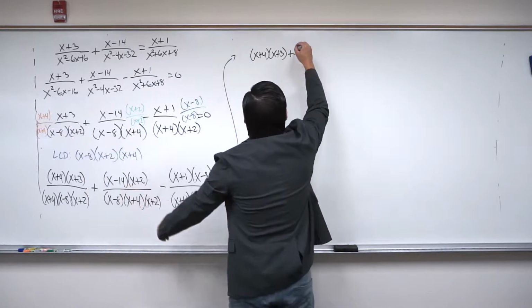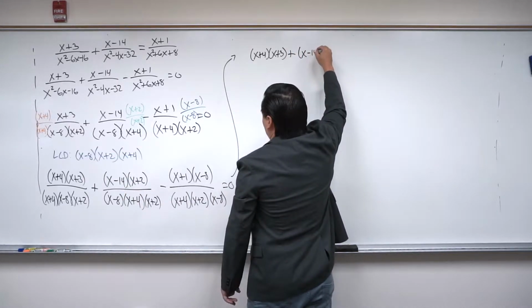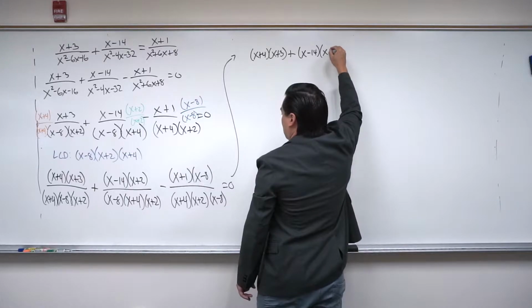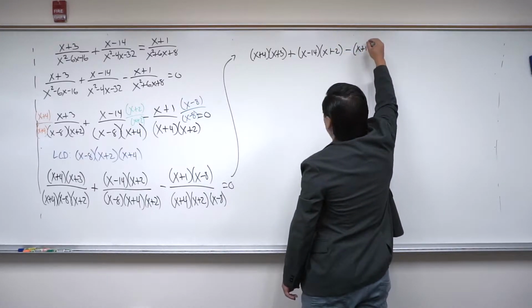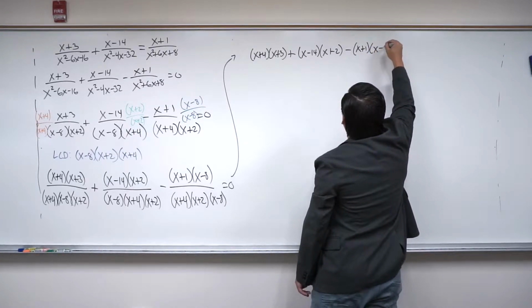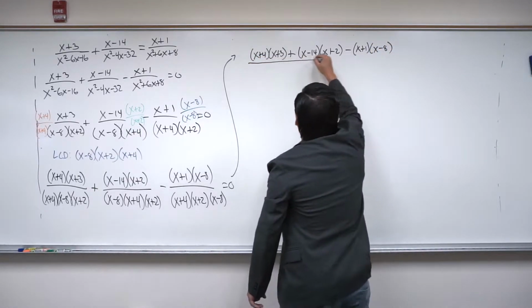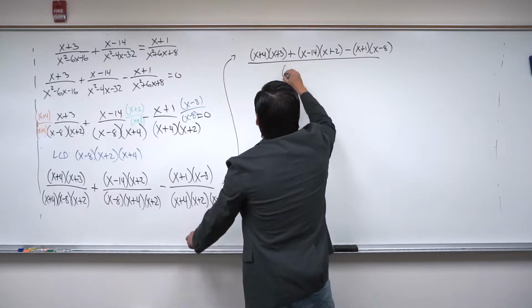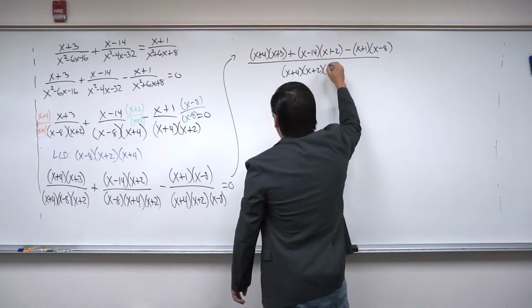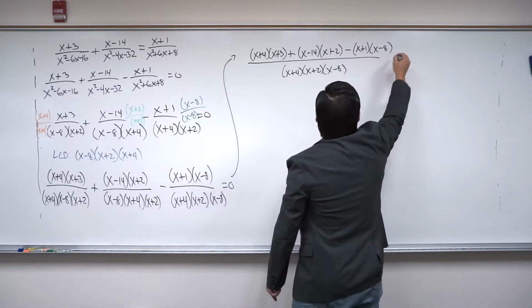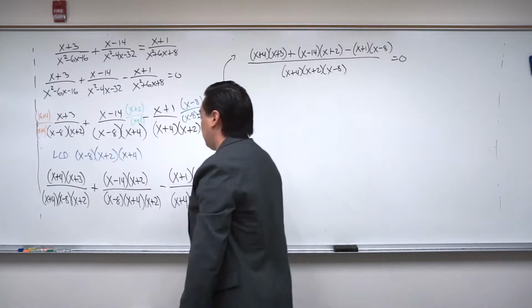So the first one plus the second one minus the third one, all divided by the denominator, which is x plus 4 times x plus 2 times x minus 8, is equal to 0.